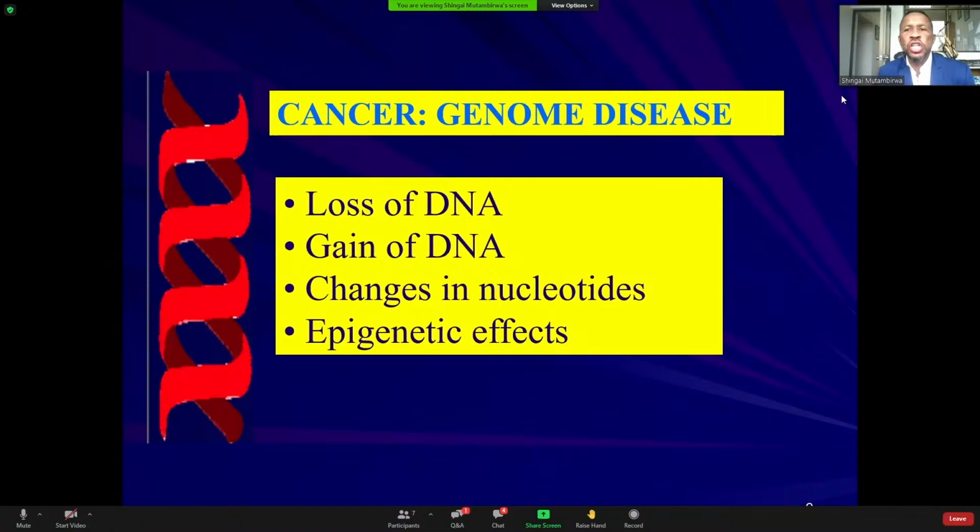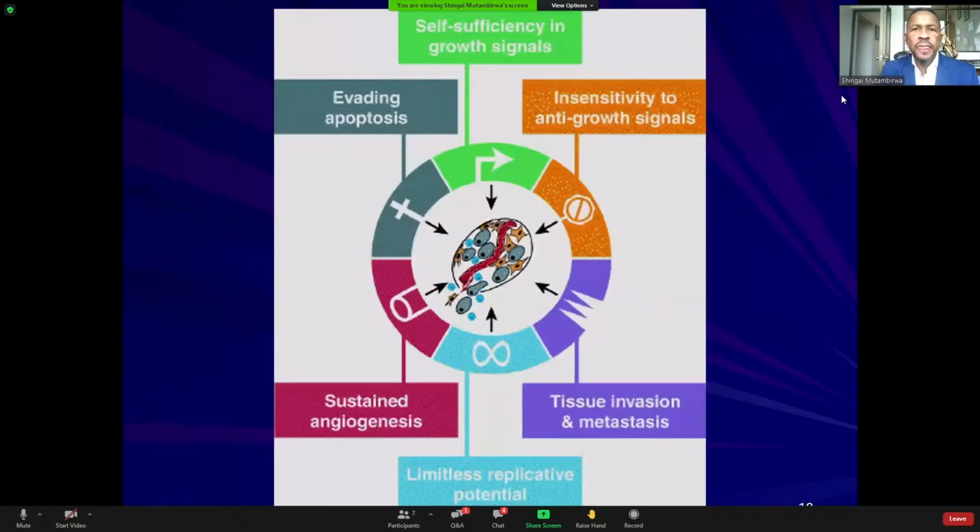So gene disease basically is 4 things: loss of DNA, gain of DNA, changes in the nucleotides, CAG, all that stuff, and epigenetic factors, which are essentially 3 things: histones, methylation, and non-protein-coding RNAs. What are they doing?